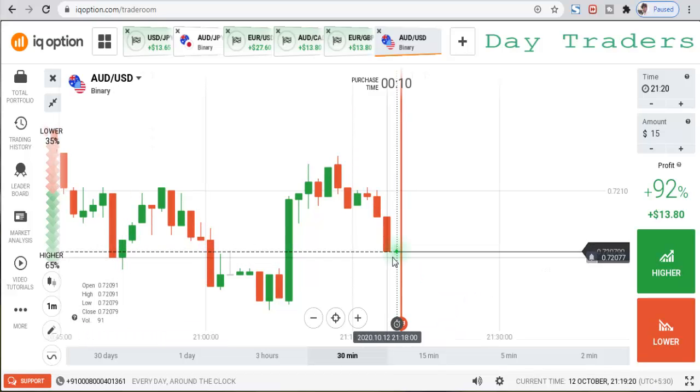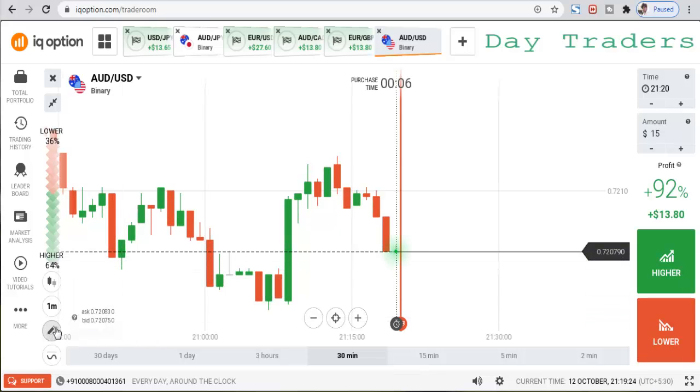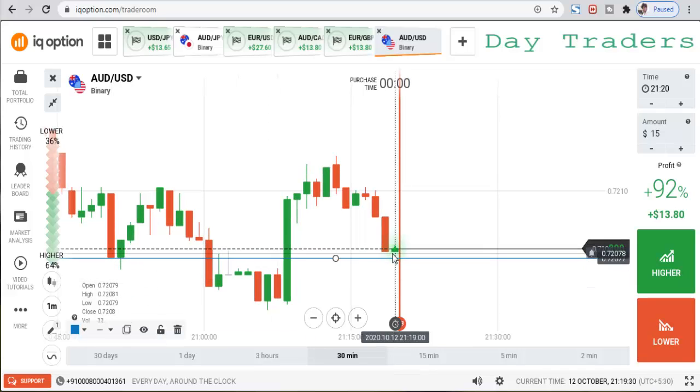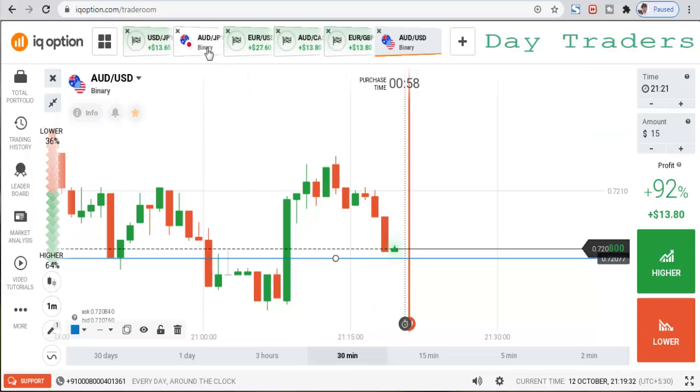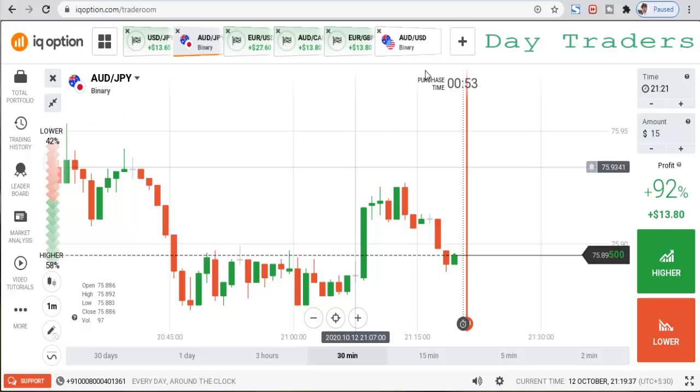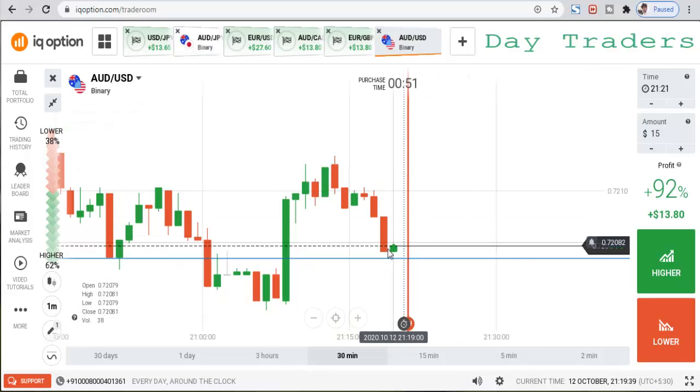Sometimes it makes a bearish candle at this point. You can see. Okay, let's check the next pair. And this is not a good market.